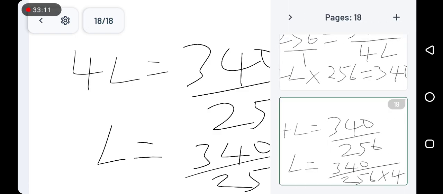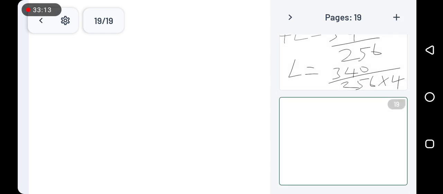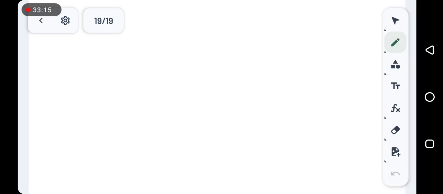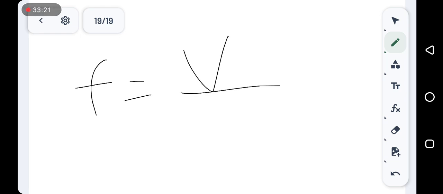For open pipe, it is given by this formula. F is equal to V over 2L. So just remember it that for closed pipe, we have F is equal to V over 4L, but for open pipe, instead of 4, we have 2L.